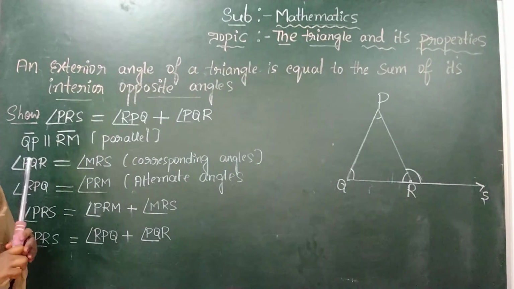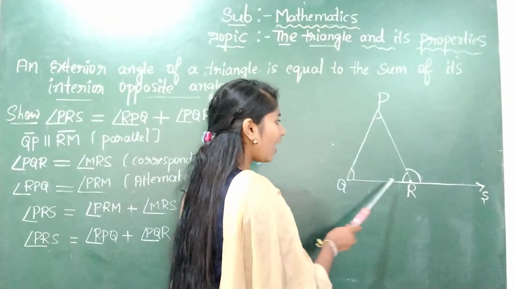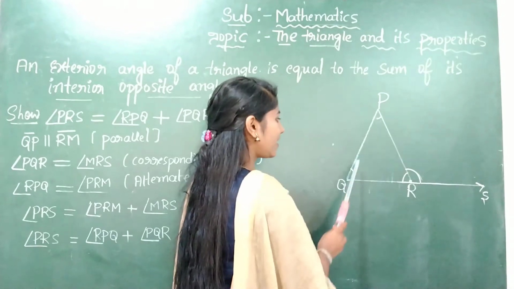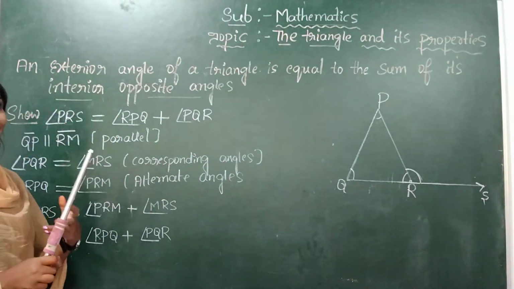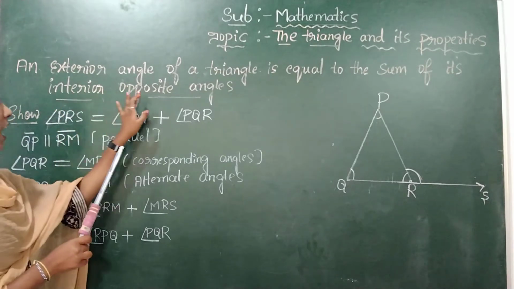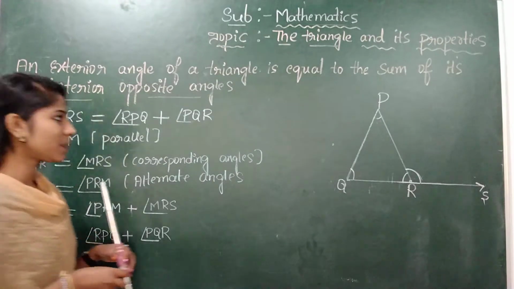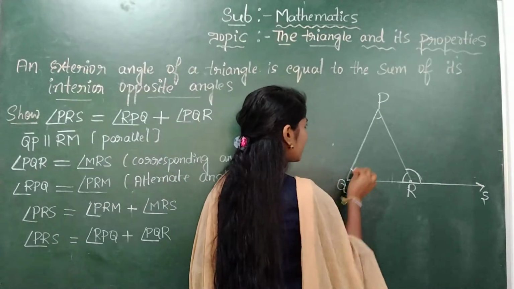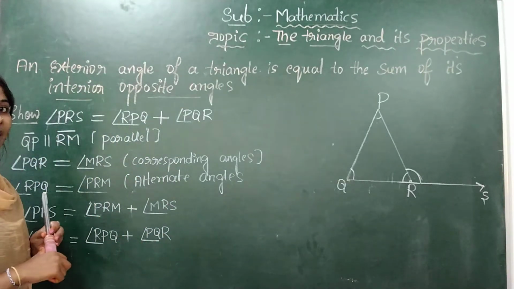So which are the interior angles? Angle P, angle Q and angle R. These 3 are called interior angles. Interior opposite angles means these 2 angles P and Q are the interior opposite angles.